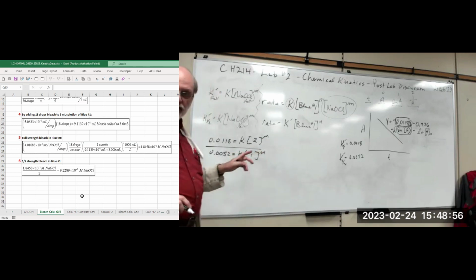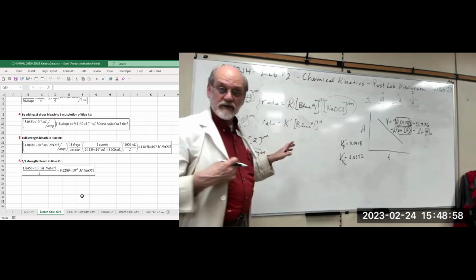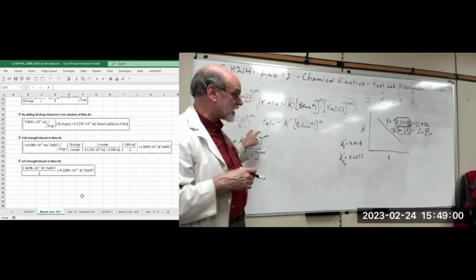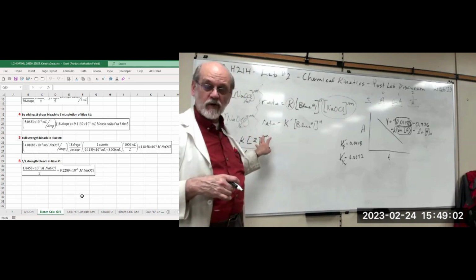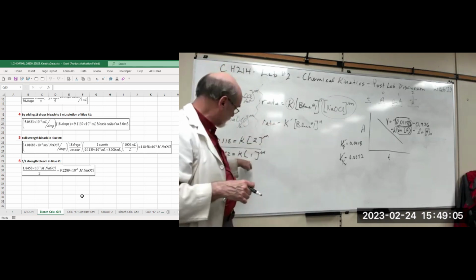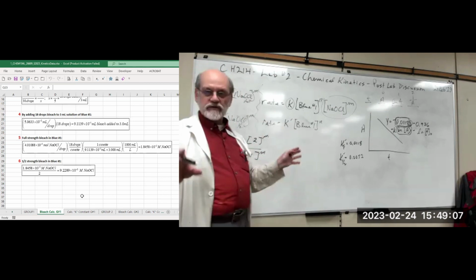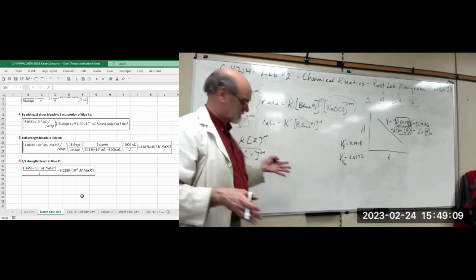Now, why can I do that? Because of the way we calculated them. We calculated the actual value for the concentration of sodium hypochlorite, and then we just cut it in half for this one. So the ratio is always going to be 2 to 1.